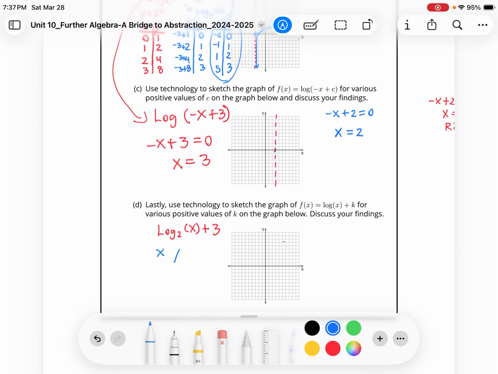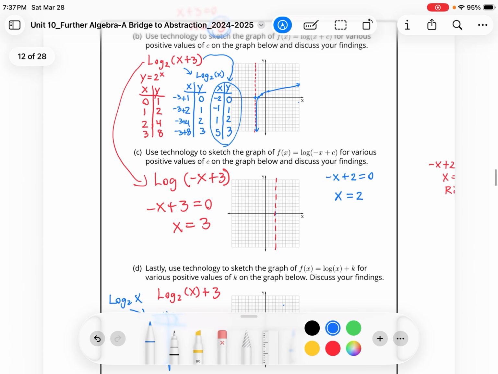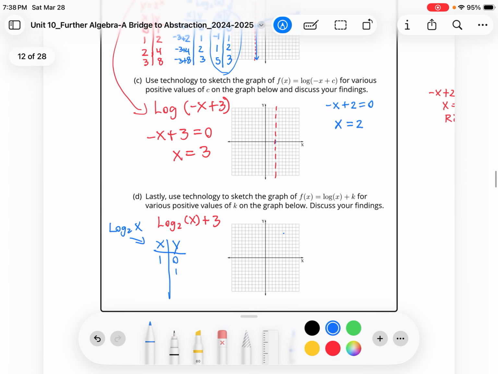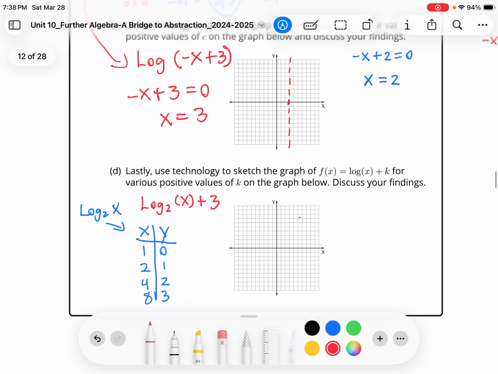So the x and the y value of the log base 2 of x was 1, 0; 2, 1; 4, 2; 8, 3.